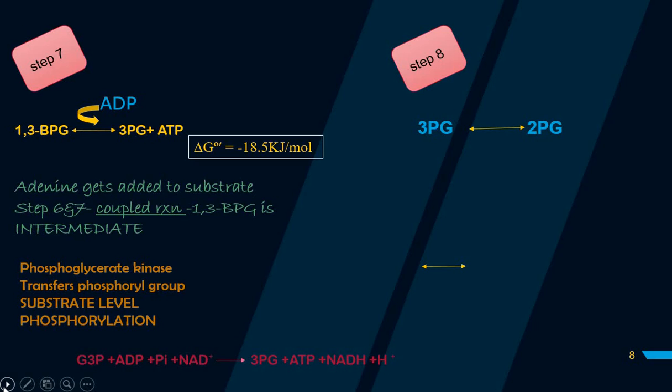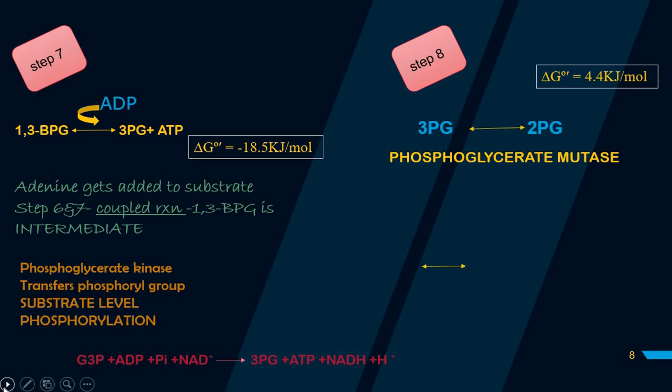In the next step, 3-phosphoglycerate is converted to 2-phosphoglycerate, where the enzyme guarding is phosphoglycerate mutase. Here the phosphoryl group is getting shifted to the next position, that is, its position is changed, and the amount of free energy liberated here is 4.4 kilojoule per mole.